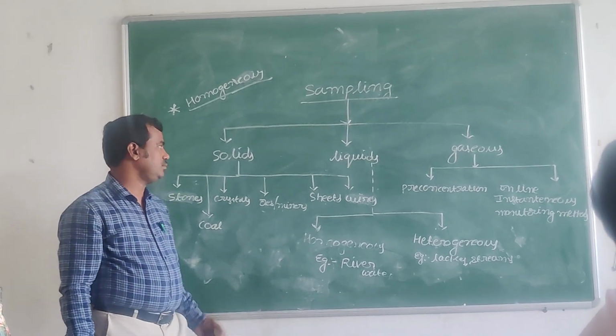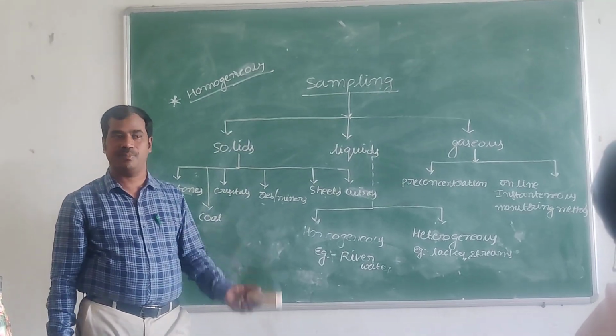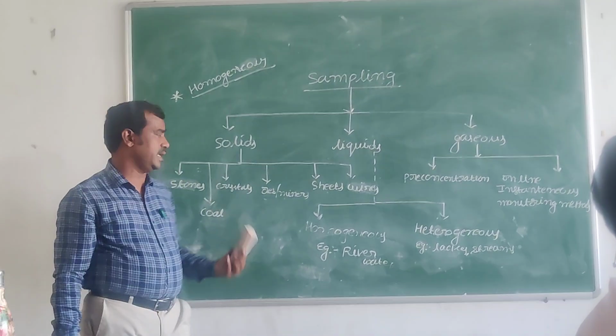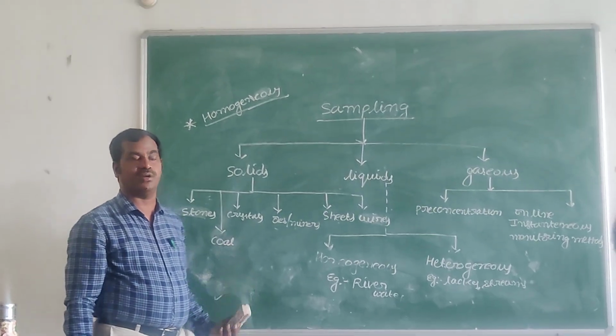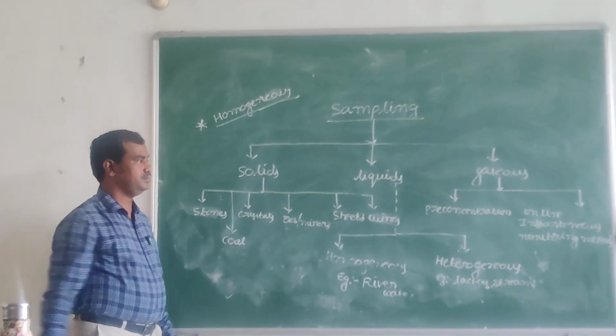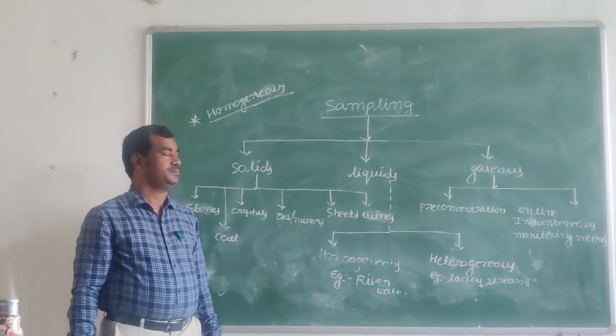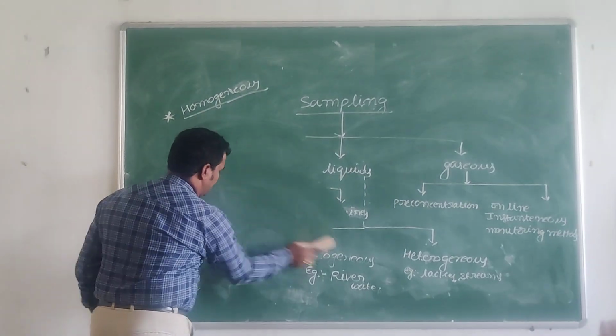Okay. So now we discuss solids. How the solid samples are collected, where they are collected, and how they are converted from a large quantity to a small quantity of the samples.